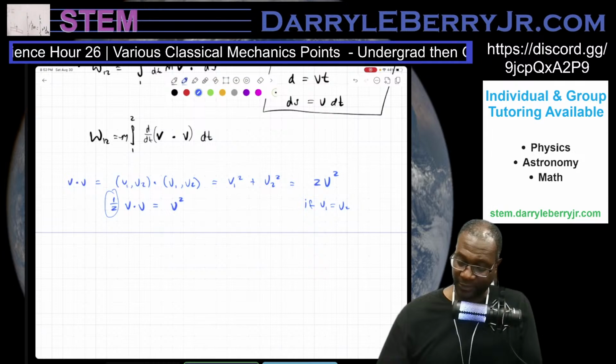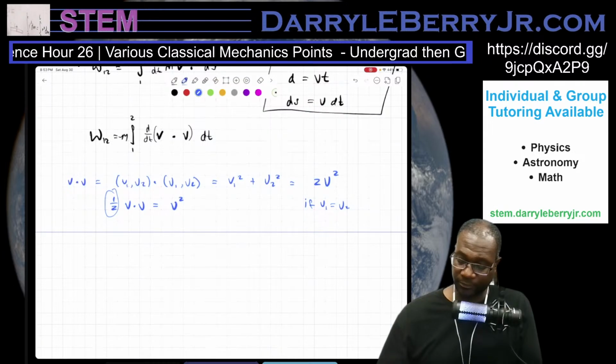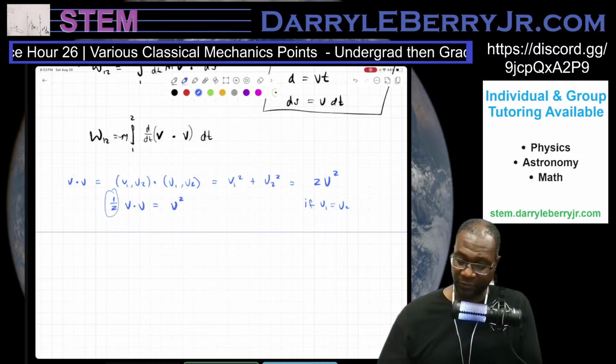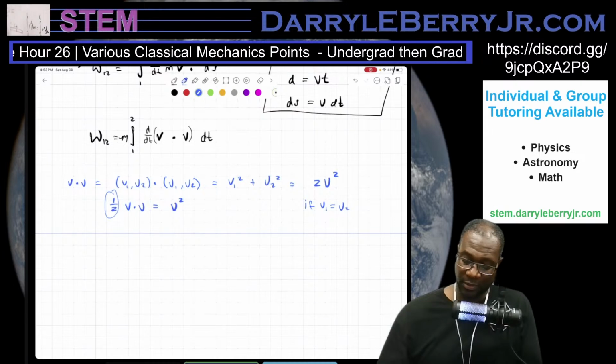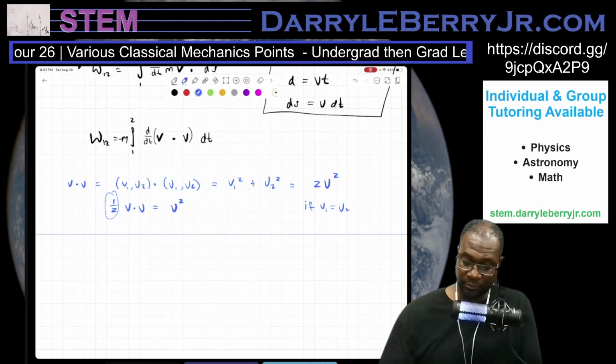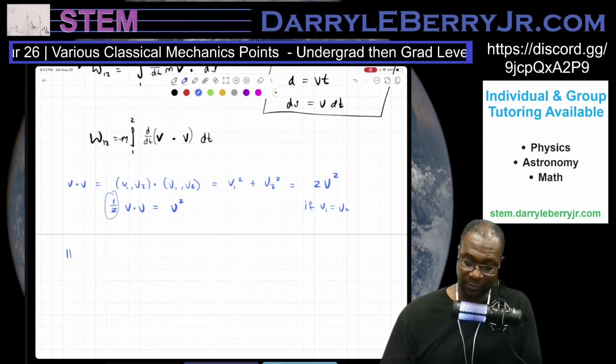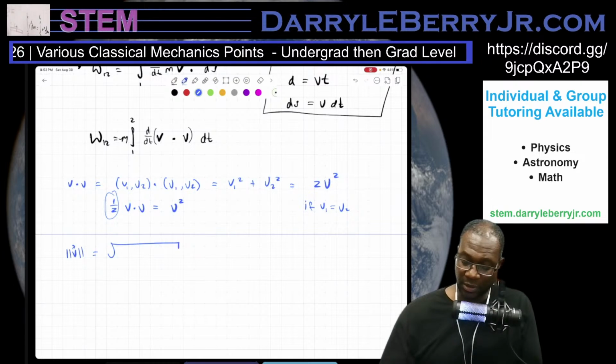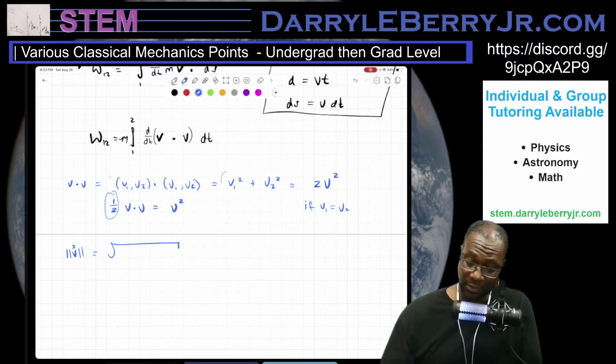Another thing I notice about this is if we look at the magnitude of a vector, it equals the square root of this thing that we have here.